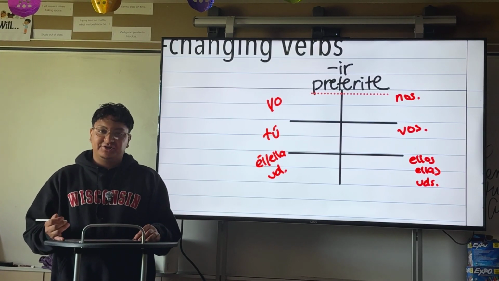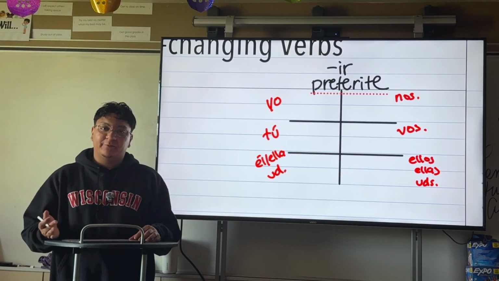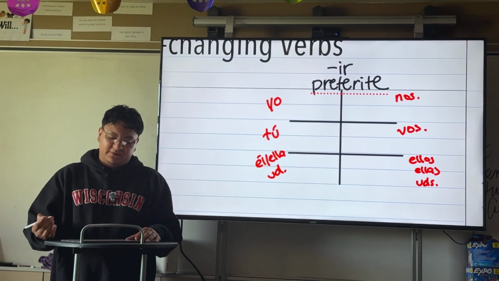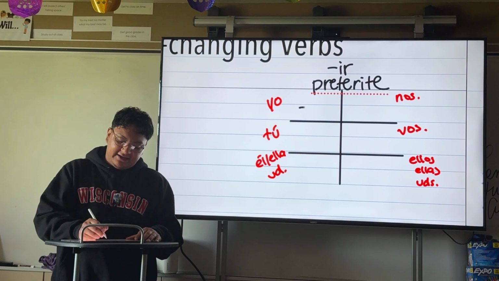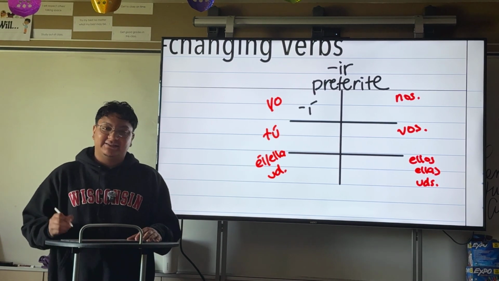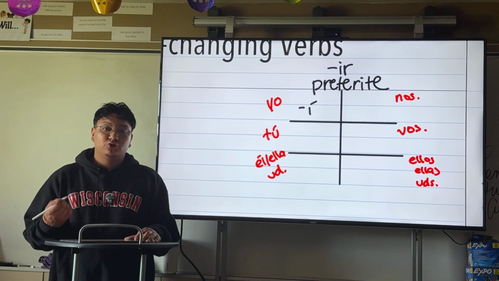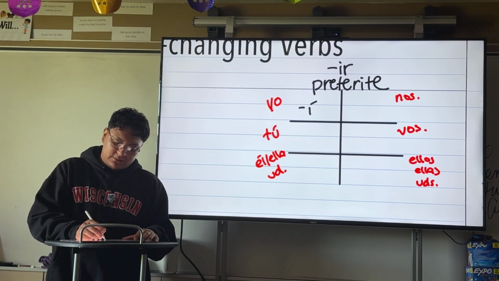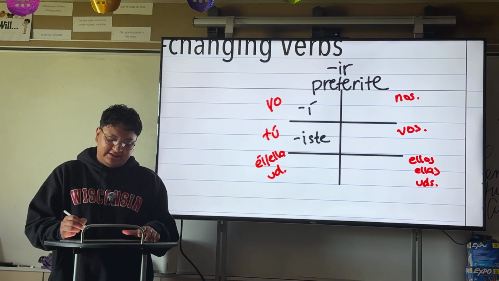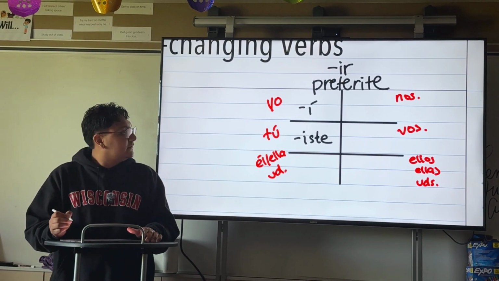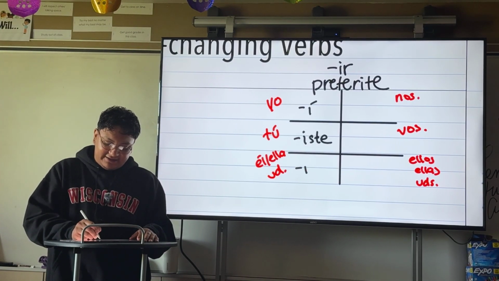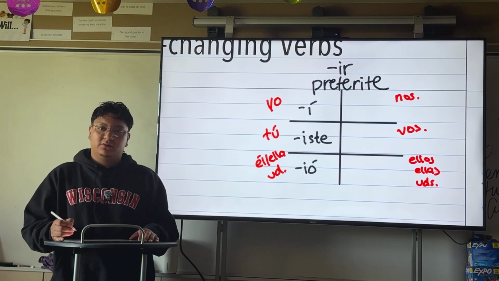So, the conjugation or the ending of the verb will be different based on the pronoun, like we've talked about before. So, for yo, it'll end in I latina or the letter I with an accent. Tú will be iste, I-S-T-E. El, ella, usted, it'll end in I and O with an accent.